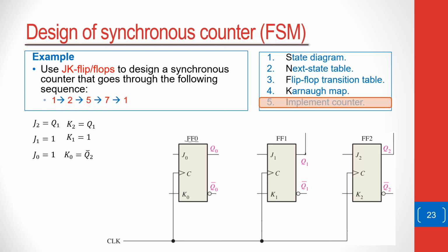And we see that if we start with flip-flop 0, our input here to J0 is going to be 1. So we tie this to VCC. That becomes our input for J0. And then the input K0 becomes Q2 bar. Q2 bar, we can simply take that.